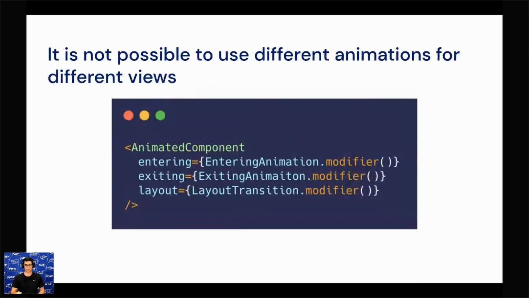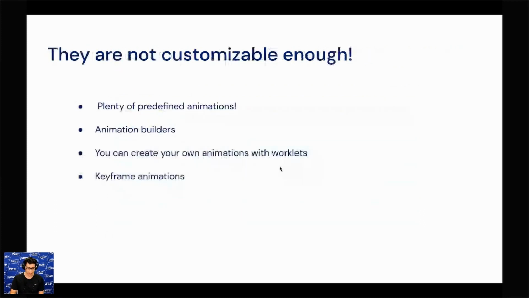Another important aspect and the problem of the layout animations from the React Native was that we were not able to provide different animations for different views. And in our API, it's not a problem. We can provide different values for different props for different components. Not a problem at all. And the next disadvantage was that layout animations from React Native are not customizable enough.